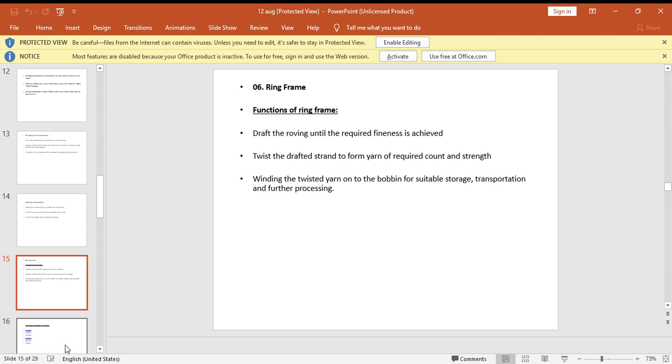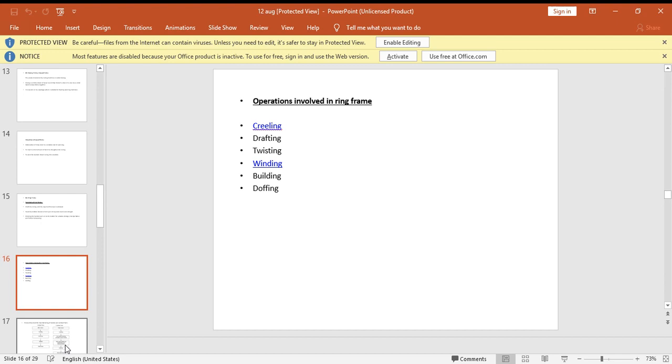Then coming to the last stage, the ring frame. The functions of the ring frame are to draft the roving until the required fineness is achieved, twist the drafted strand to form yarn of required count and strength, and wind the twisted yarn onto a bobbin for storage, transportation, and further processing.